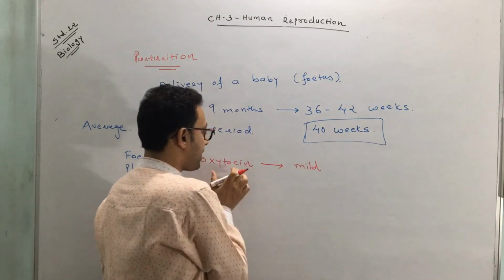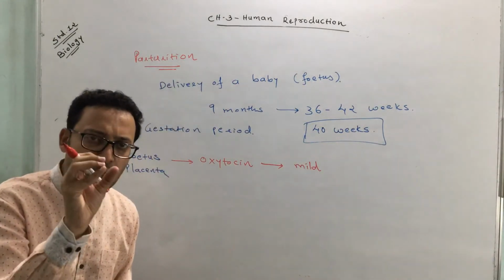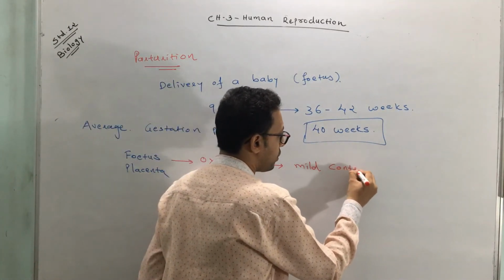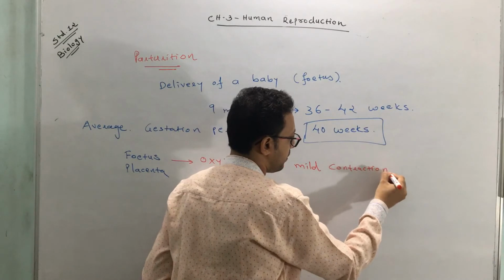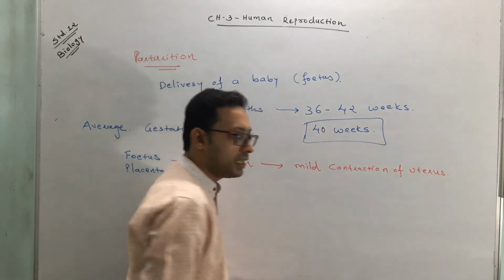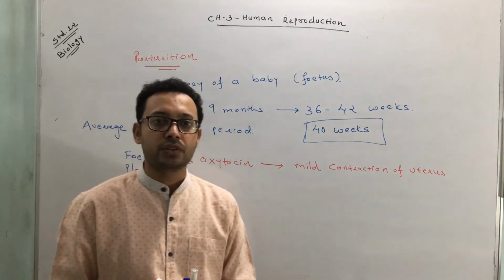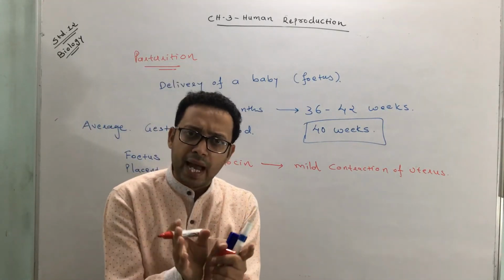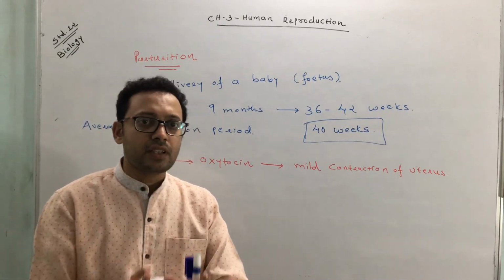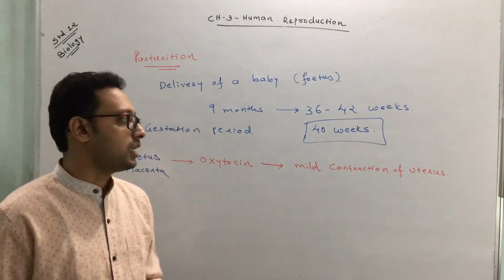But here, the oxytocin is released in a very small quantity, so it just produces a mild contraction of the uterus, which makes somewhat mild pressure on the baby, but that is not sufficient to push the baby outside.